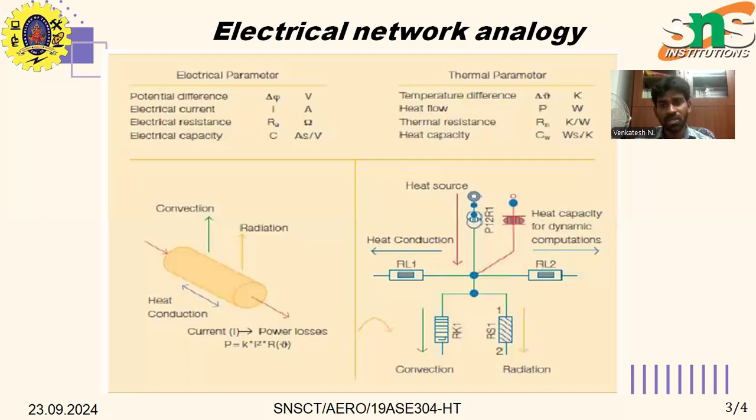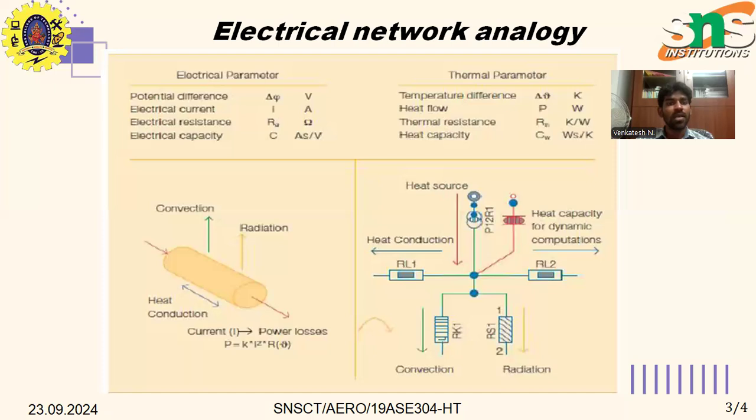The thermal resistance R and heat capacity C are to be noted in the electrical network analogy system. In the thermal parameters, we note the symbols of temperature difference, heat flow, thermal resistance, and heat capacity, which is also one part of the validation in the radiation section.